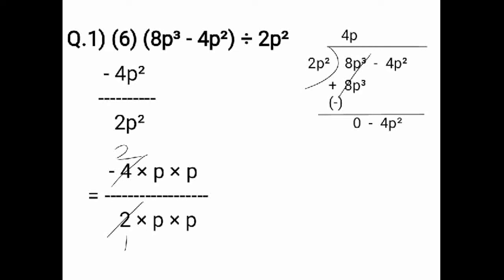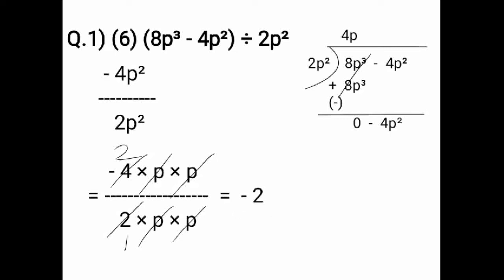You have to cancel both the p on numerator and denominator, like this way. In the denominator nothing is left to multiply. In the numerator only minus 2 is left. That is equal to minus 2. Okay. When you divide the second term, minus 4p square, by 2p square, you get the quotient minus 2.